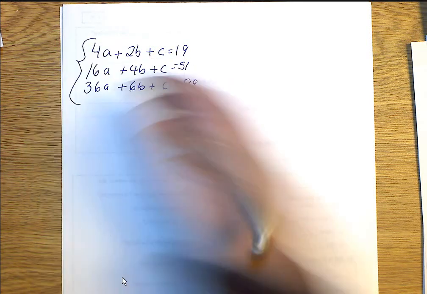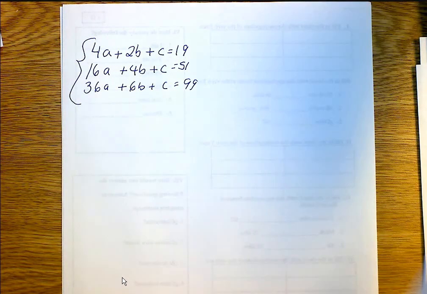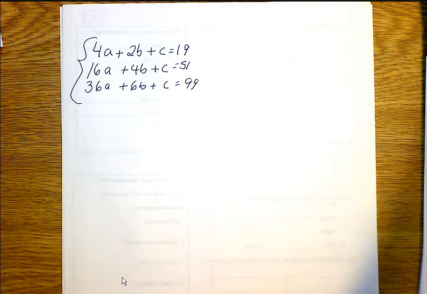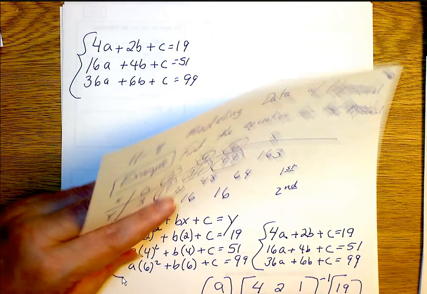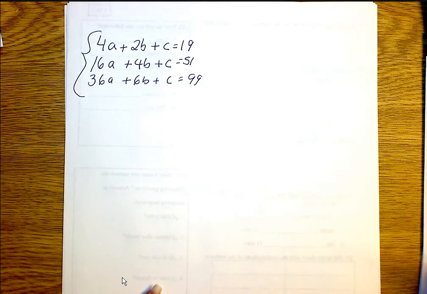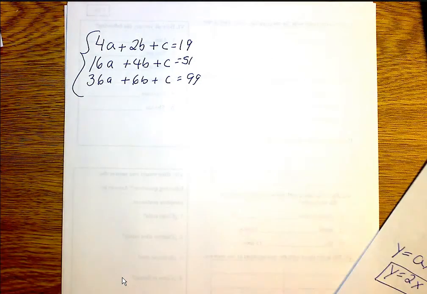Those that are doing this, all I'm doing is taking this system and rewriting it how you got it. It's not negative 51. This is just equals 51.